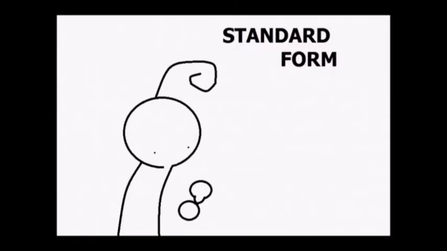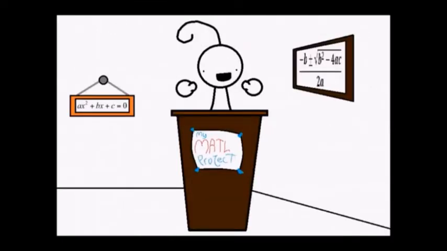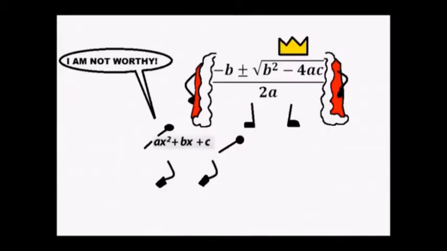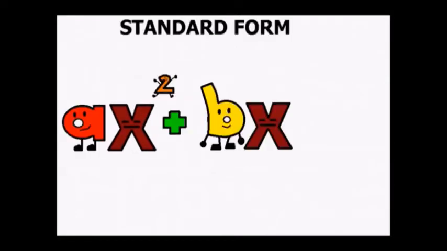Now, quadratic can be written so many different ways, like standard form, vertex form. We're going to be focusing on standard form. Standard form is a way to write a quadratic, and you need it to actually use the quadratic formula. To write it, you first need ax squared, which means x times x, so we start out with a little floating 2 called an exponent, plus bx plus the c stands for... Stop it.